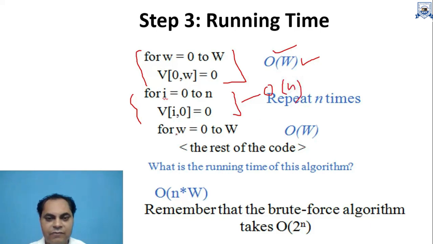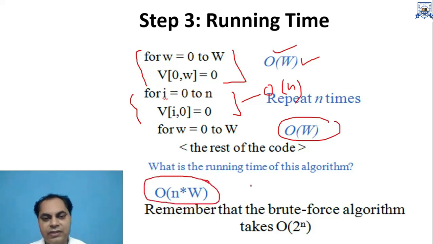From 0 to capital W it is order of W. So the cost would be n into W, because we are filling an n into W size table. So with the help of two for loops, the cost would be n into W, and this is much lesser than the brute force algorithm, which takes order of 2 to the power n.